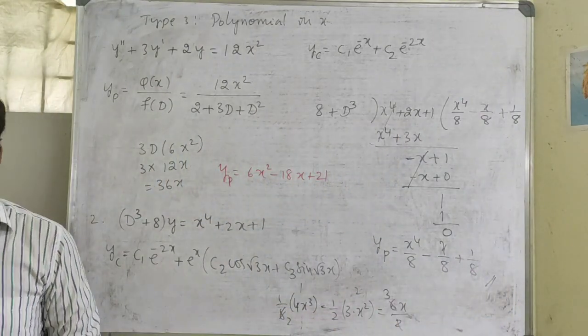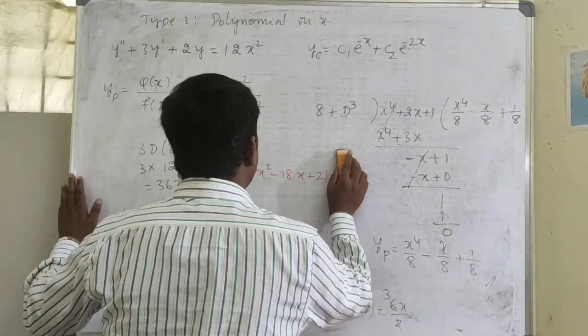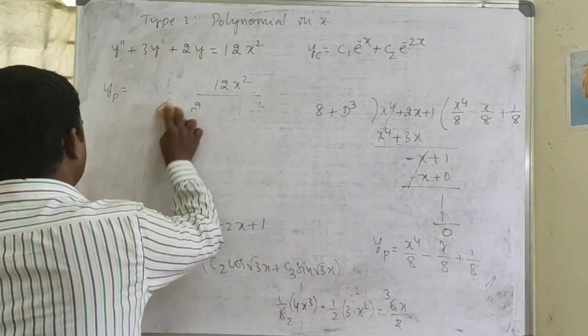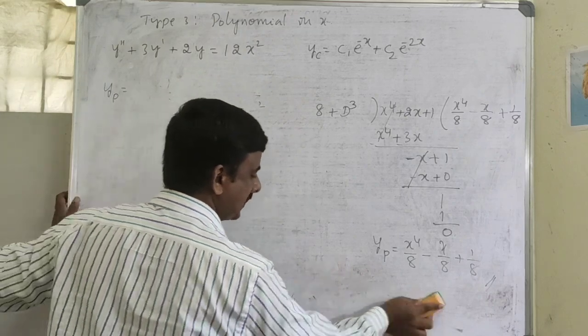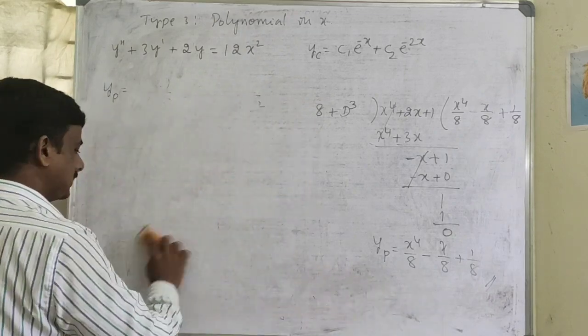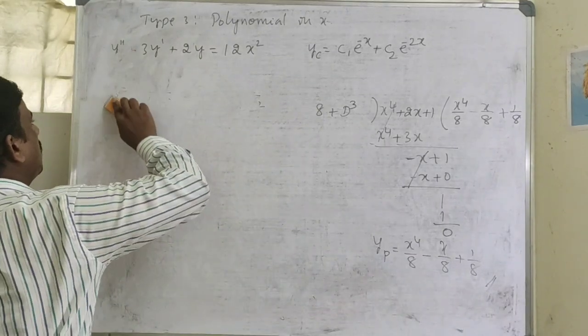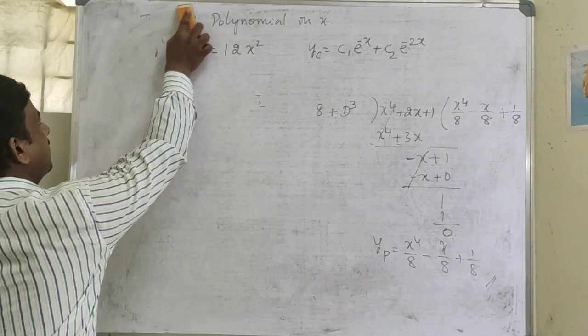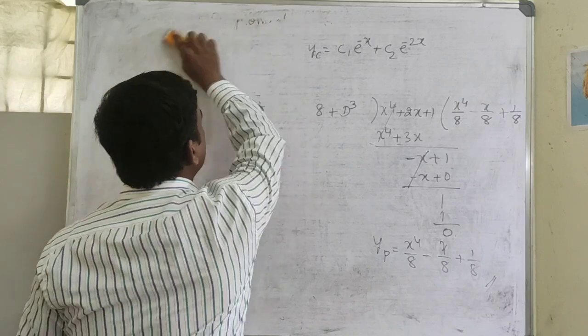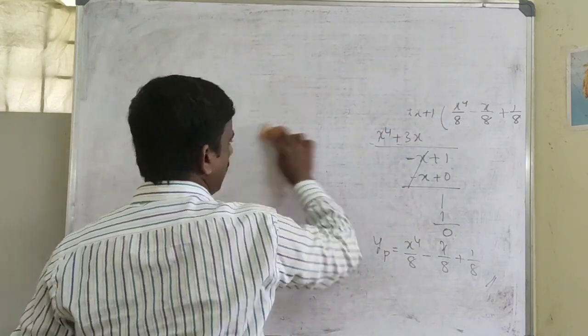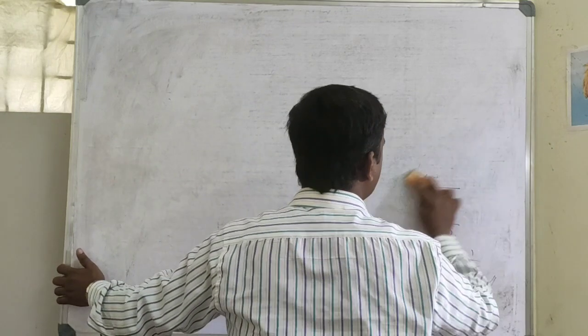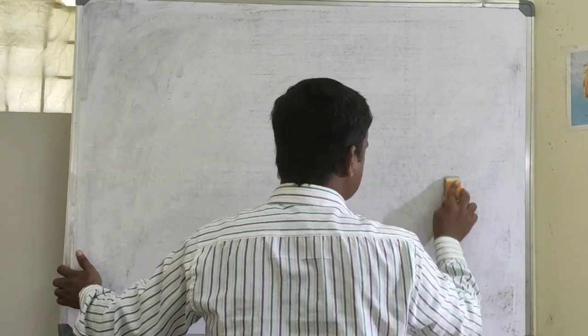So this is the method of finding the solution of a non-homogeneous linear differential equation. So till this point we have discussed how to solve a non-homogeneous linear differential equation when the right hand term is an exponential function or a trigonometric function or a polynomial in x.